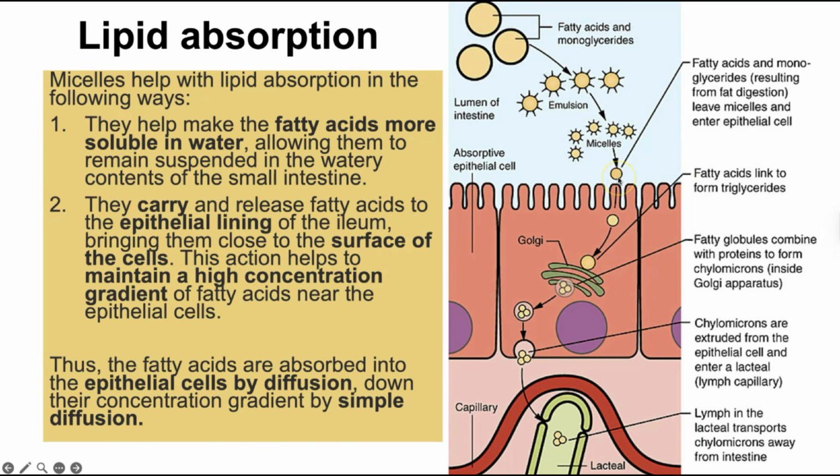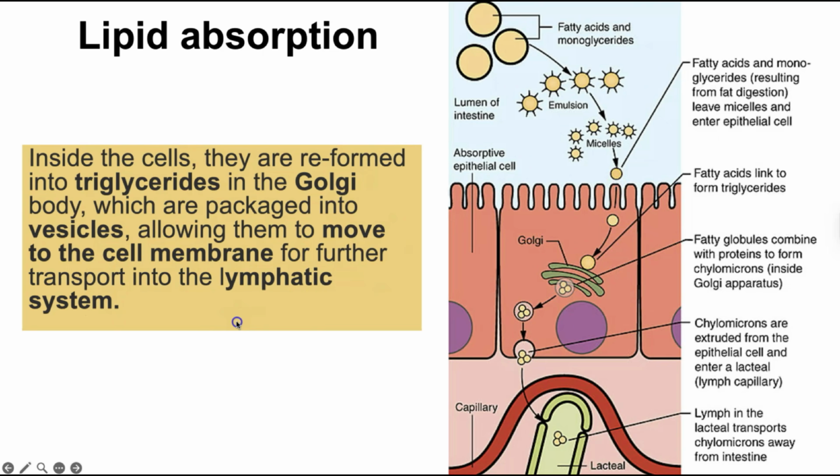The fatty acids, monoglycerides and glycerol are then absorbed by simple diffusion. The micelle does not enter; it releases those at the cell lining. They enter by simple diffusion because the cell membrane is made up of phospholipids and only non-polar molecules can diffuse through, and fatty acids are non-polar.